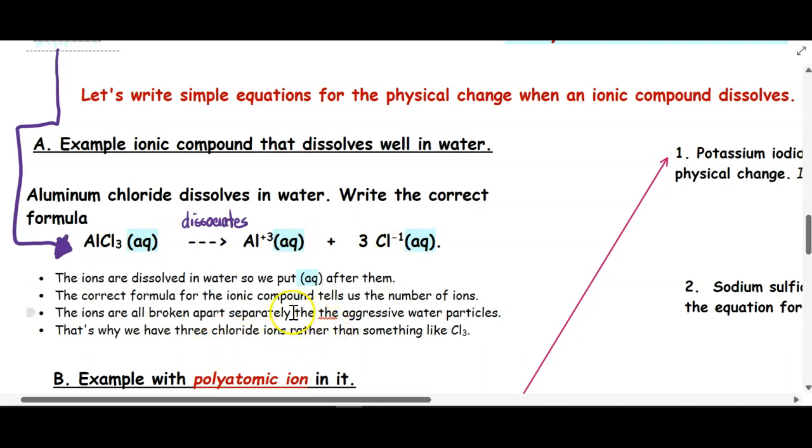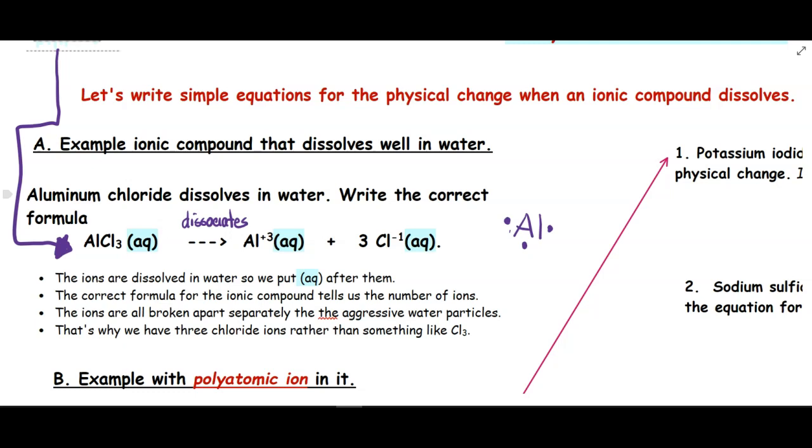The correct formula for the ionic compound tells you the number of ions. So aluminum chloride has 1 aluminum ion and 3 chlorine ions. All right, let me show you again how we know that. Remember when we did this, we had aluminum, and it has 3 valence electrons.